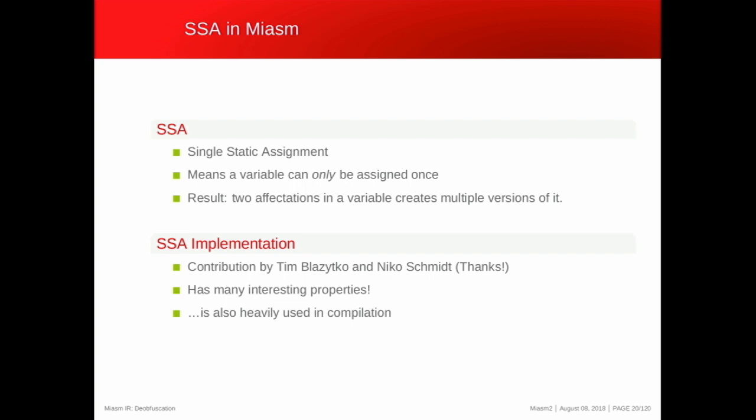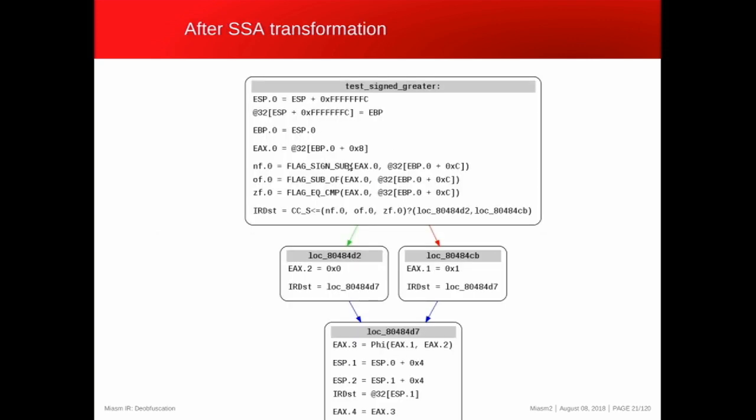And here is the new code. So you can see that ESP.0 equals etc., and EAX has multiple versions here. So now that we are in SSA version, we can do, for example, constant propagation, but we will do more than this. In Miasm, it's called expression propagation because we will try to do more than constant propagation.